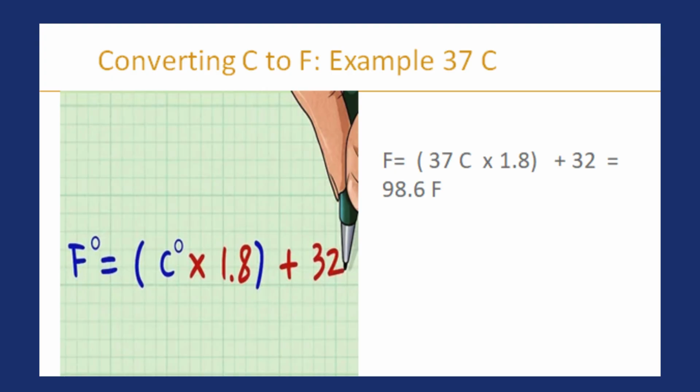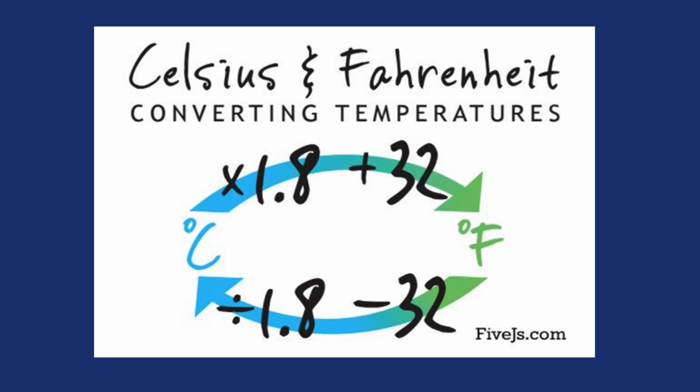When you multiply 37 times 1.8, you would get 66.6, and we're going to add the number 32 to it, and your answer would be 98.6 degrees Fahrenheit. So this was just your formula, getting from Celsius to Fahrenheit, and from Fahrenheit, whichever way you need to go. It's just a reminder, use these formulas.